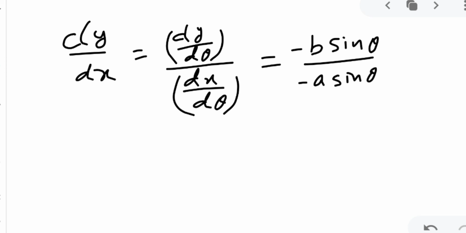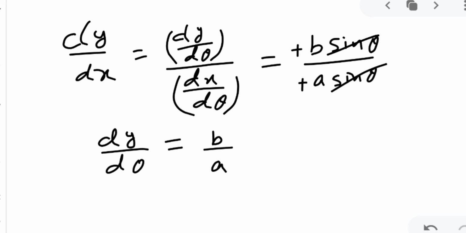Now if anything is cancelling, I will cancel: minus will cancel, sin theta will cancel, remaining is b upon a. So this is my dy upon dx, and this will be our result. Dy upon dx is nothing but b divided by a.